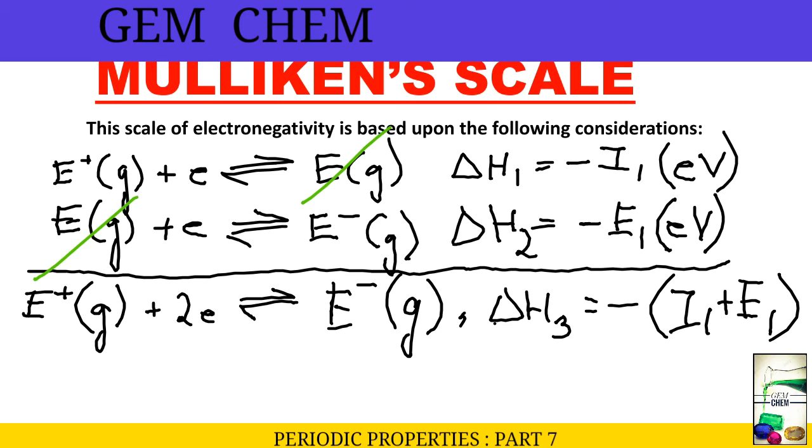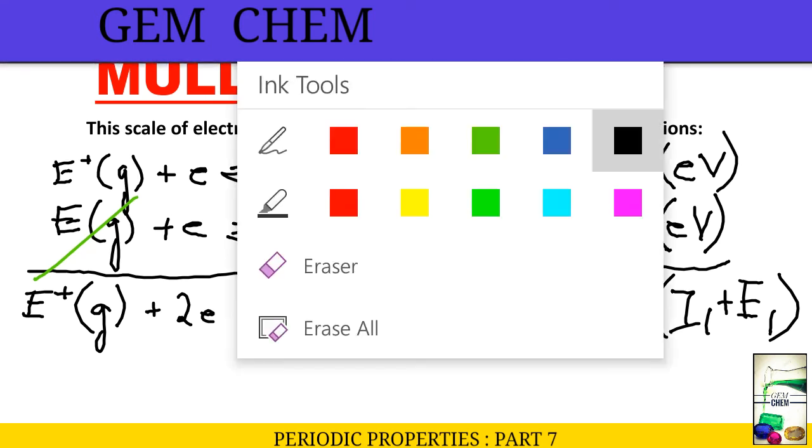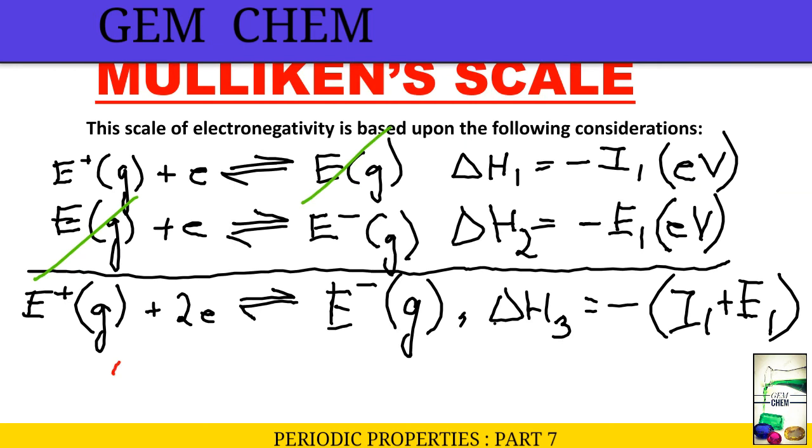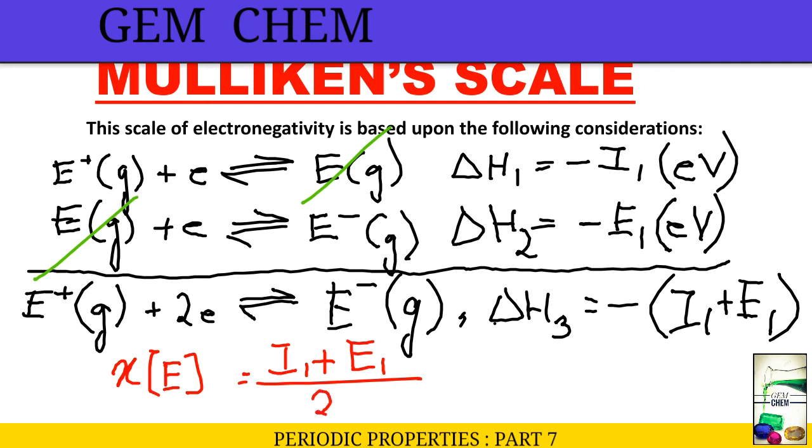From the above result, Mulliken proposed that the absolute electronegativity of an element E is given by this formula: chi E is equal to I1 plus E1 by 2 in electron volt. Okay, and this was the formula for the Mulliken scale.